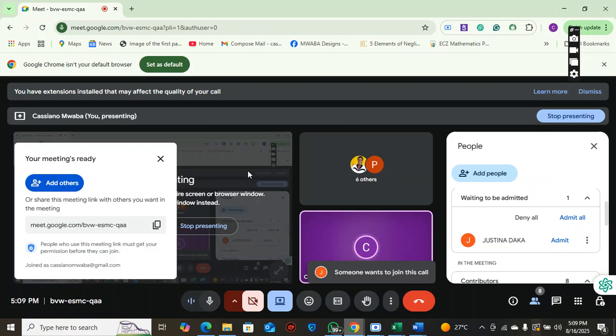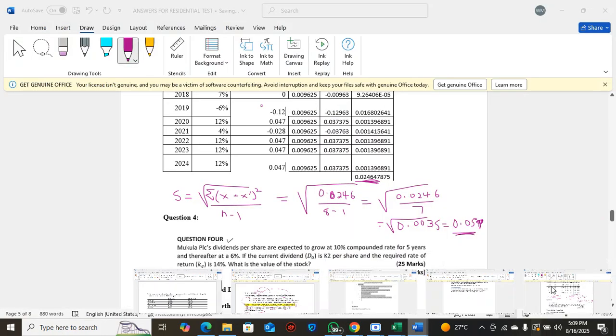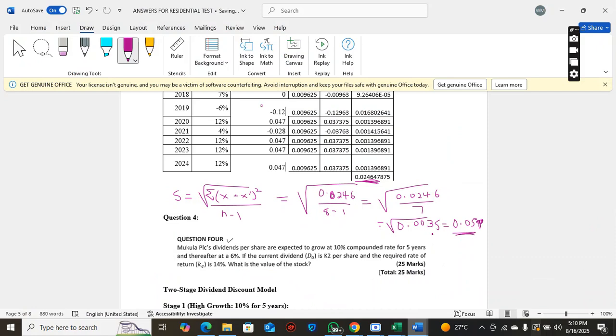Then you've got this one, the multiple growth phase model, where the growth rate changes, 10% this time, then 6% another time. So this is the one which we're dealing with because this stock has got two growth rates. So when you're dealing with these questions, first things first, you need to calculate the expected dividends.